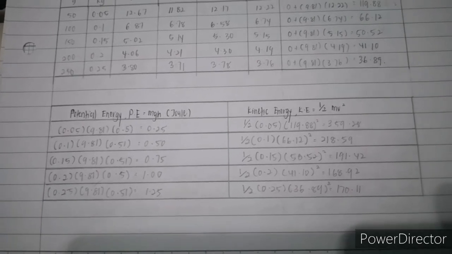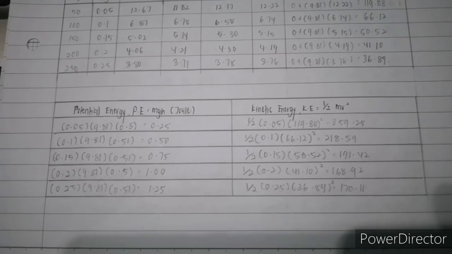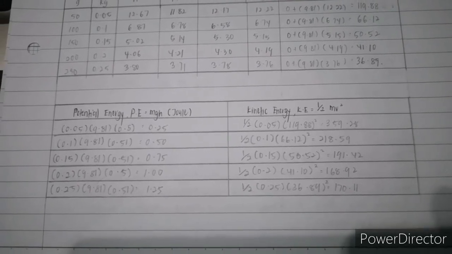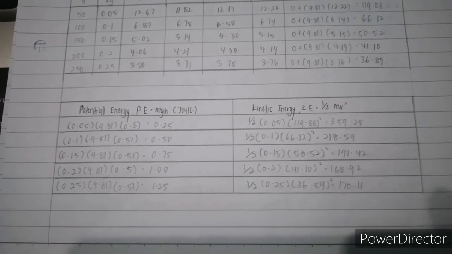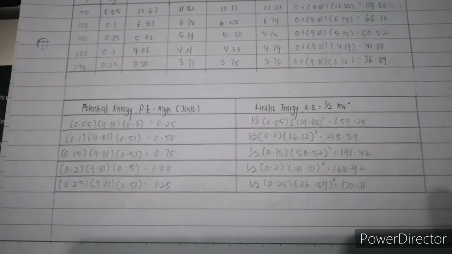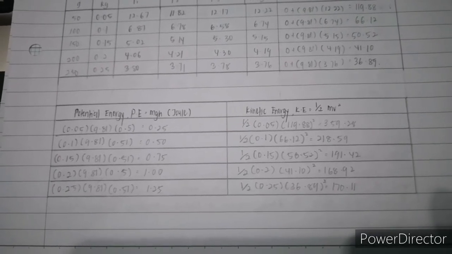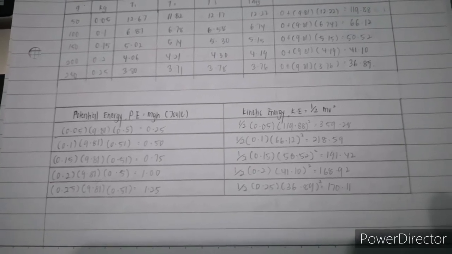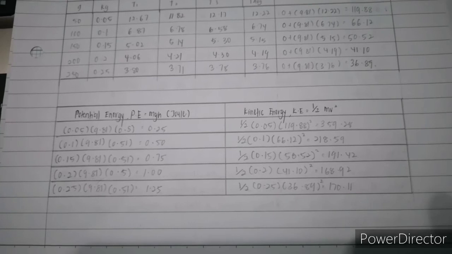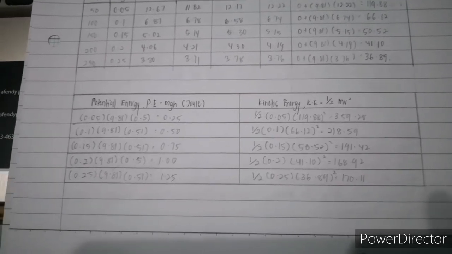Okay, the first information we get is 0.05 multiplied by 9.81 multiplied by 0.51 is equal to 0.25, and number 2 is 0.1 multiplied by 9.81 and multiplied by 0.51 is equal to 0.50.